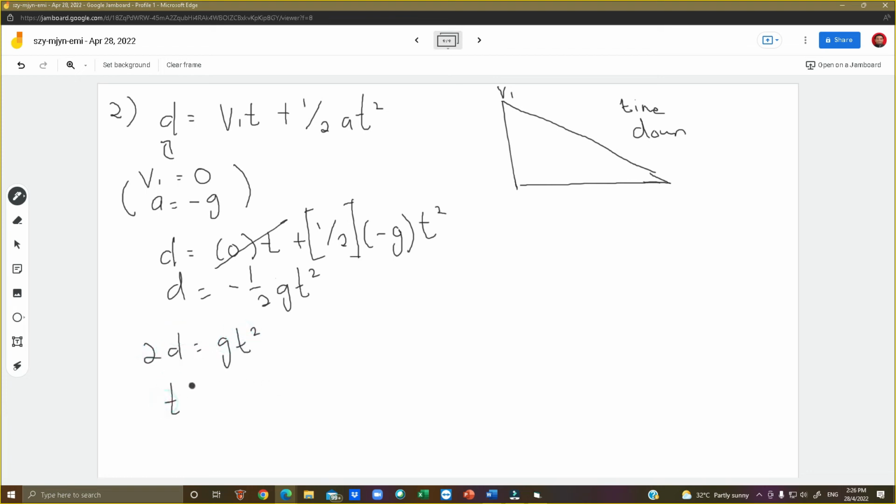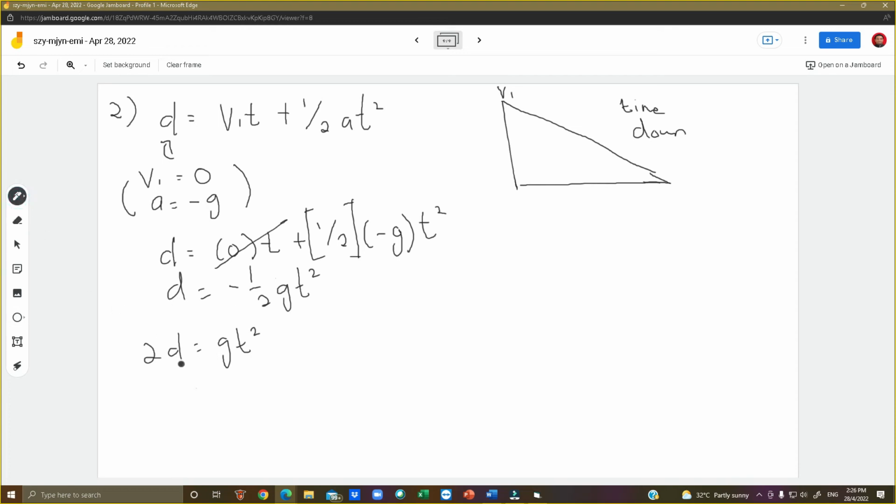So T equals 2D over, oh sorry, we can't simplify like this.